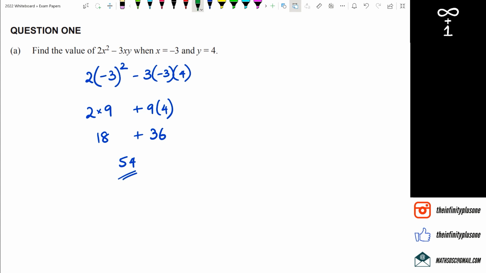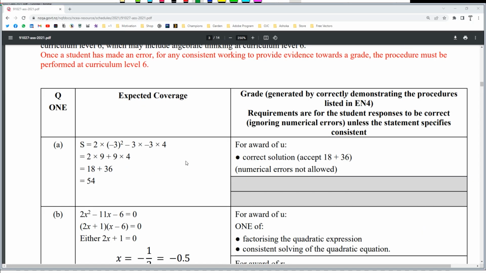When you look at the marking schedule, I don't know why they use U and, what do you call it, U and A. Let me show you what I mean. As you can see, your answer is worth 54, but they give this as a U grade. I'm going to be honest, I still don't fully understand why they go U and then A and do all sorts of weird things.